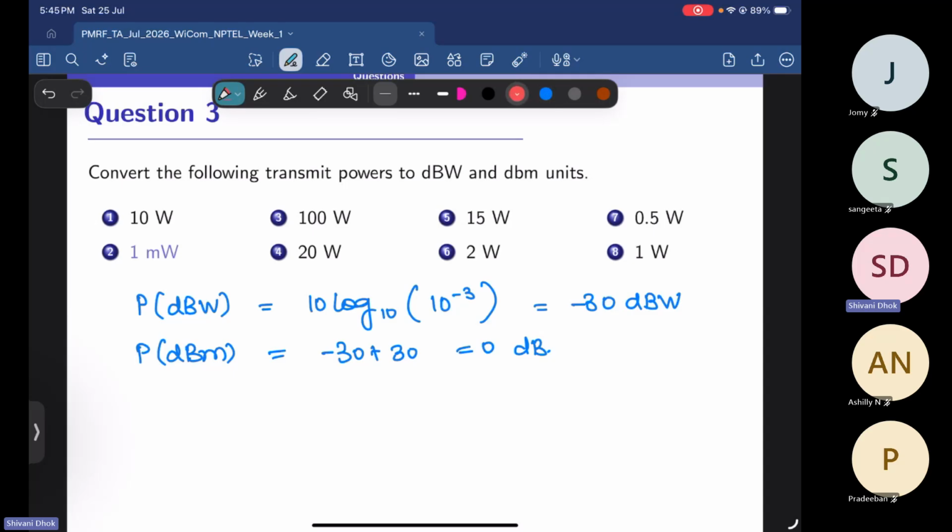Now if you go back to your definition for dBm, your power in dBm you can write as 10 log to the base 10 of your power in milliwatt, and in milliwatt this is essentially 1. So this comes out to be equal to 0 dB.